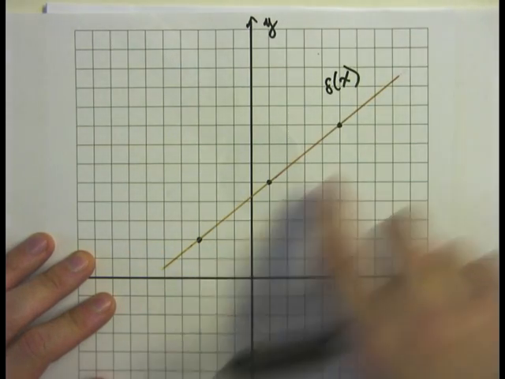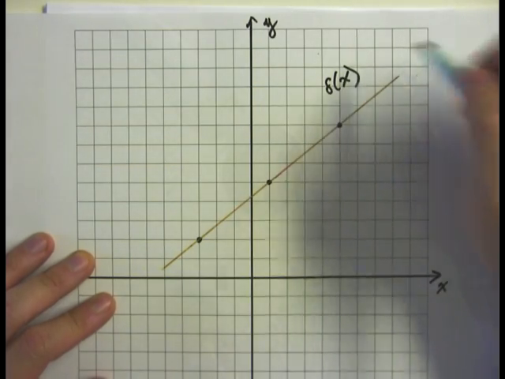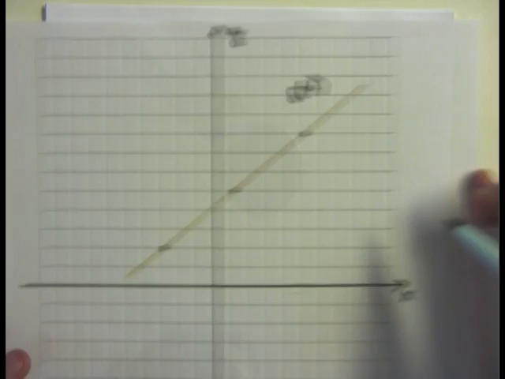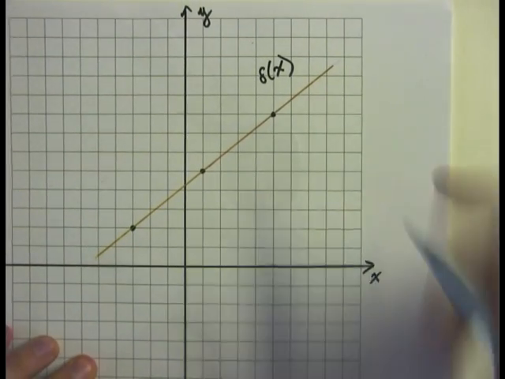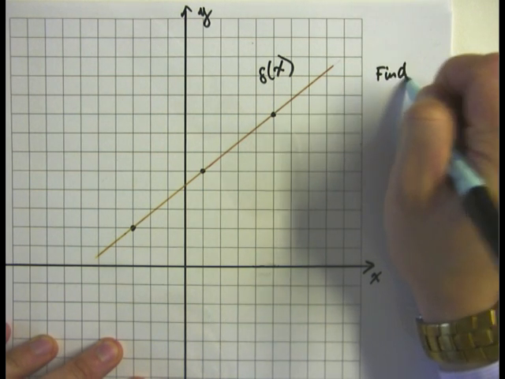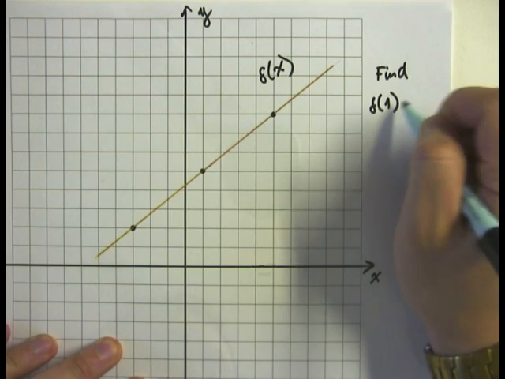The graph for that function is given right here, but this time I do not know the function's formula. But now the question is asking me, find f of 1.